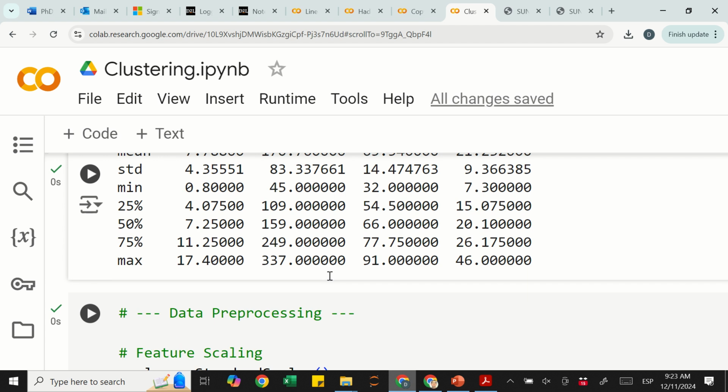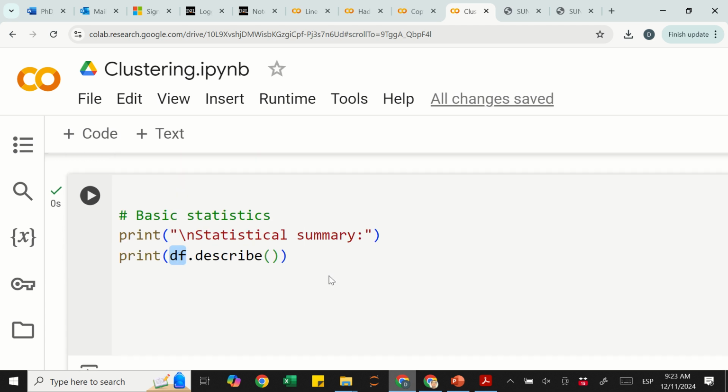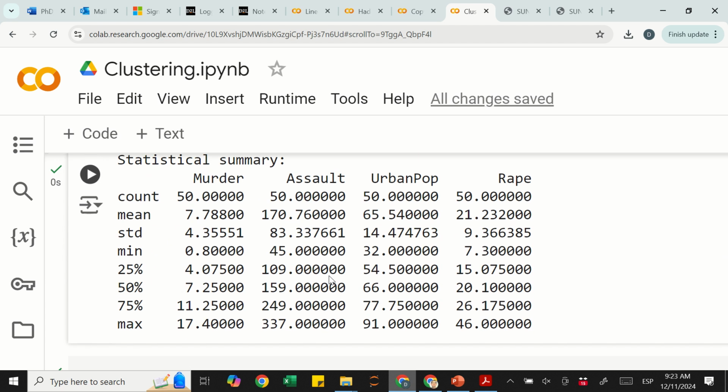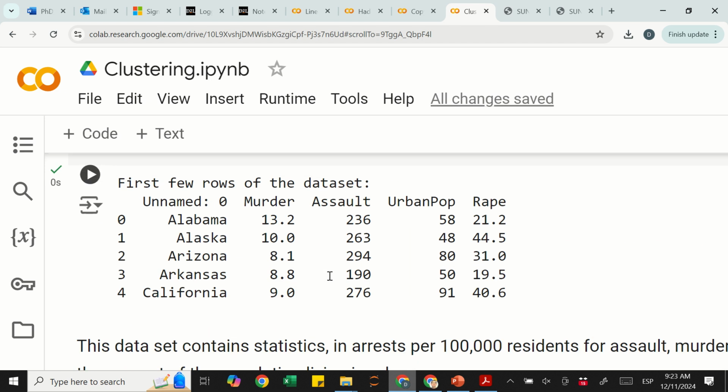All right. So the first step, and this is really important when we're doing a cluster analysis, please notice that the variables have different scales. For example, murder, if you check this column, the values are 13, 10, 8, but now you compare those values with assault, this is 236, 263, so they are in different scales, right?